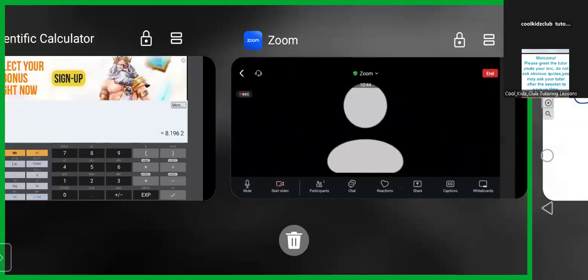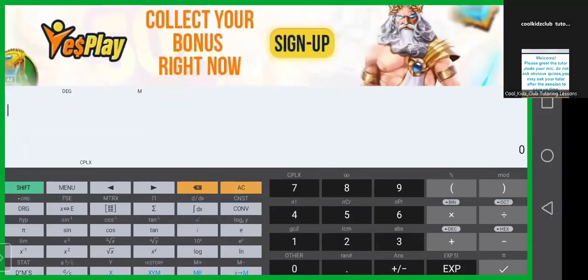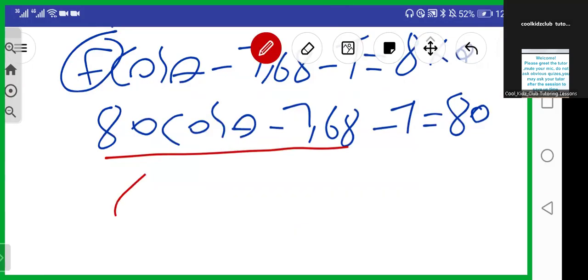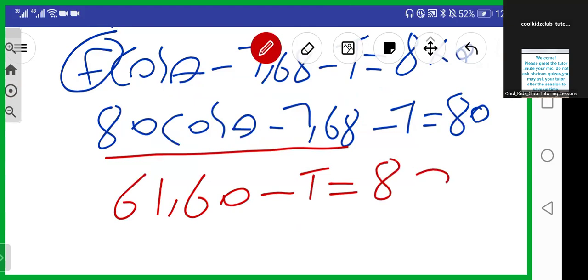We have 80 cos 30, right? Cos 30, and then we subtract 7,68, guys. Then we get 61,60, right? Then minus tension equal to 8A, something like that.